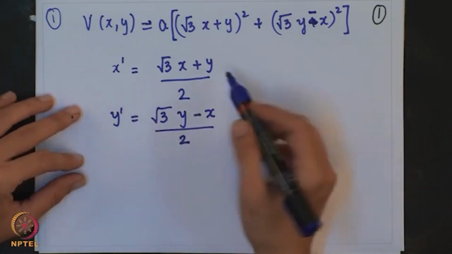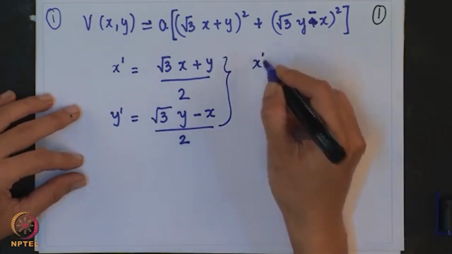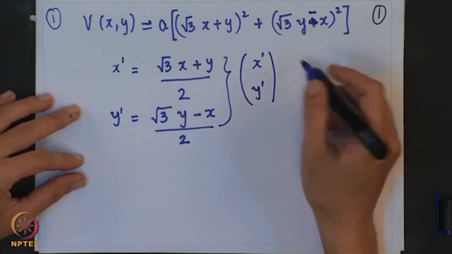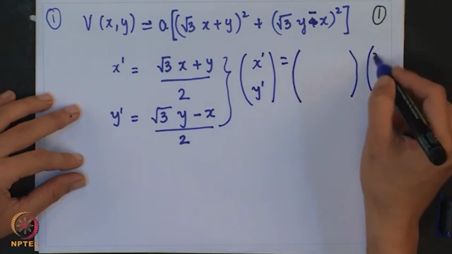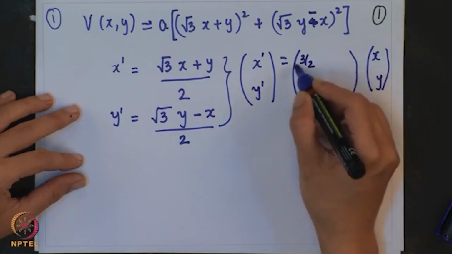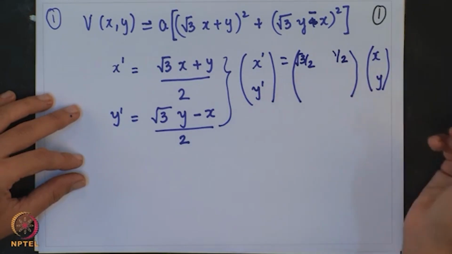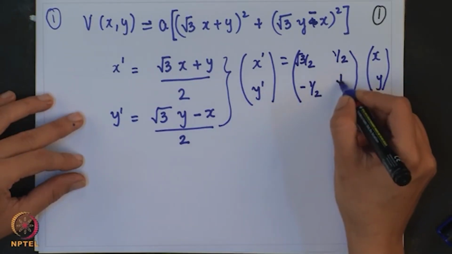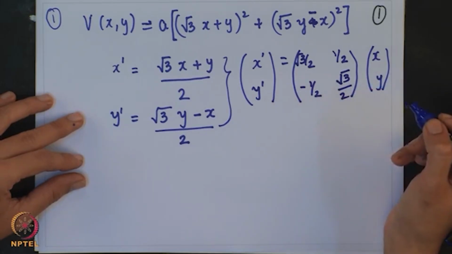Now, this is actually a transformation when I write this in matrix notation. In matrix notation, I will have x, y, this will be square root of 3 by 2, this will be half, then I have minus half and square root of 3 by 2.